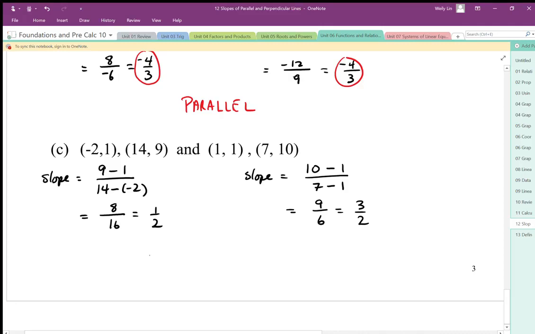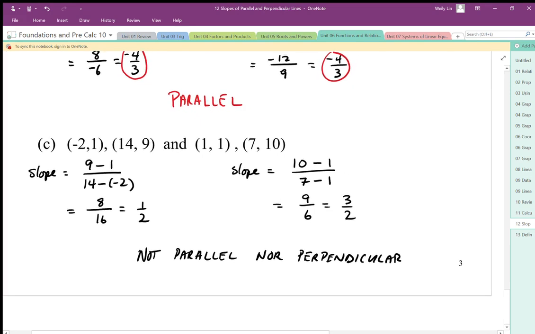They don't share the same slope, and there's no negative reciprocal relationship between the two slopes.